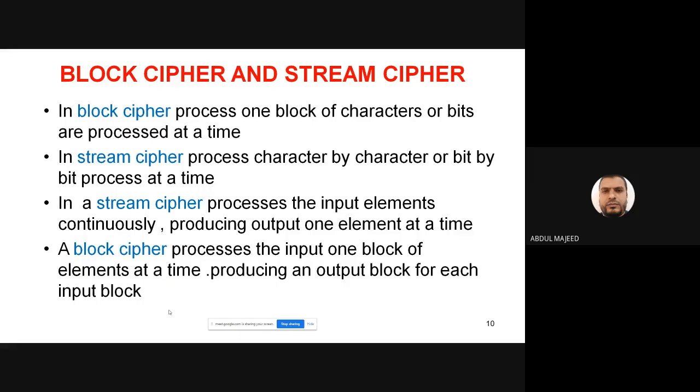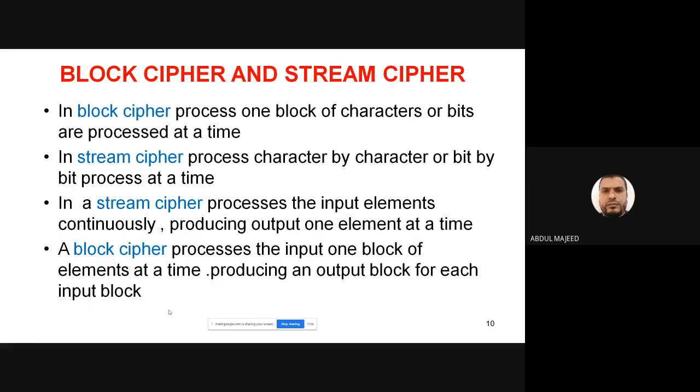So what does block cipher mean? Suppose you have some plain text of one page, or one paragraph, or one line. The message is divided into fixed size blocks, suppose 5 characters, or 4 characters, or 10 characters.